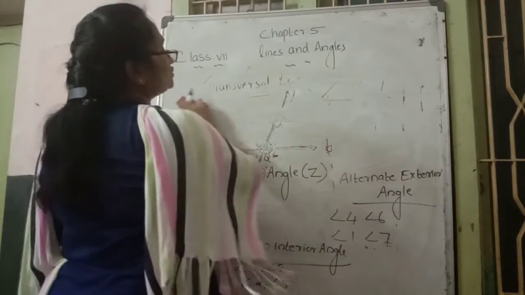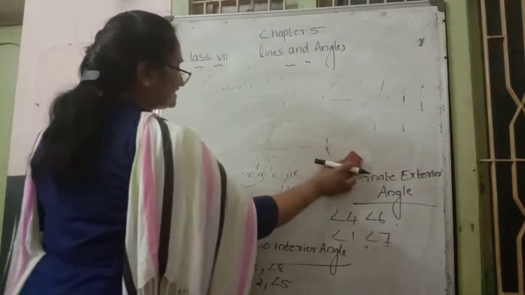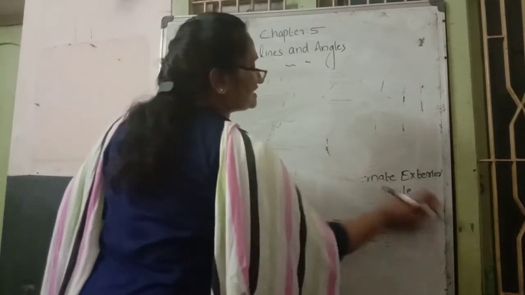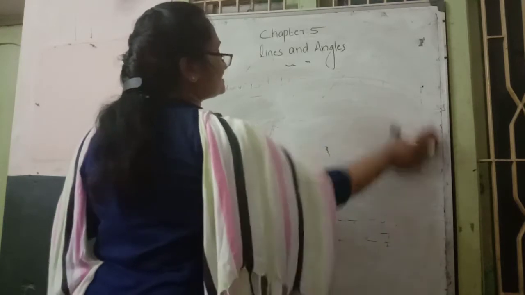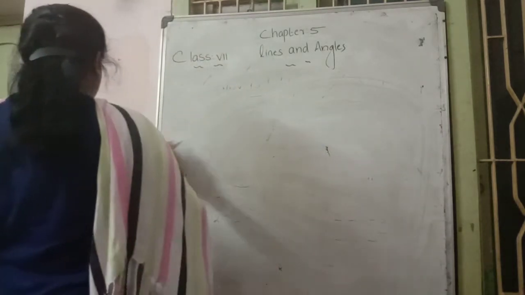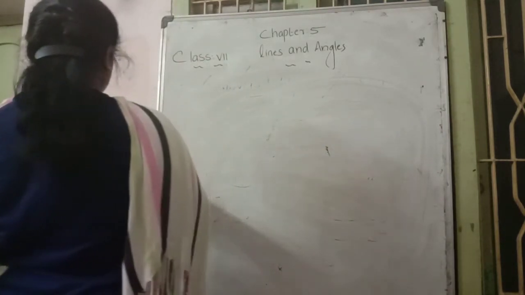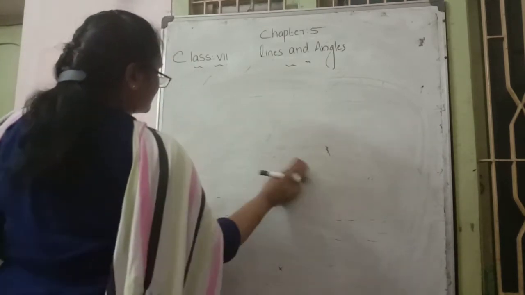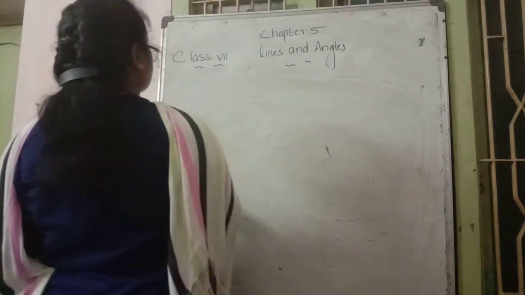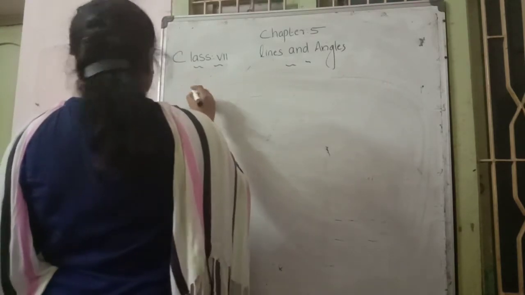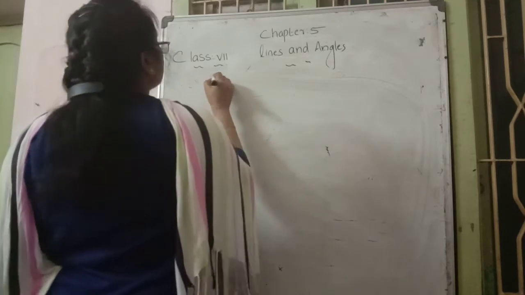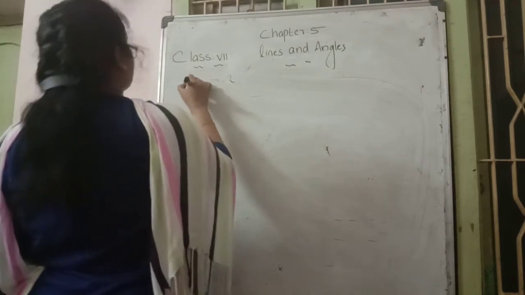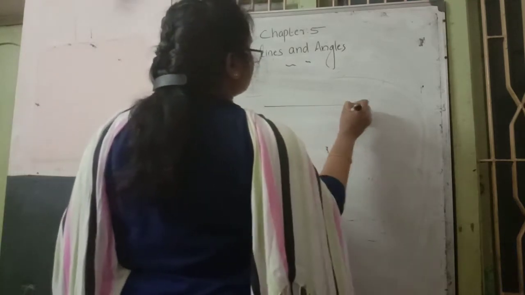Then next we go through the problems. In that exercise some problems are there, related to these diagrams. The first problem, exercise 5.2, the diagram is given like this.